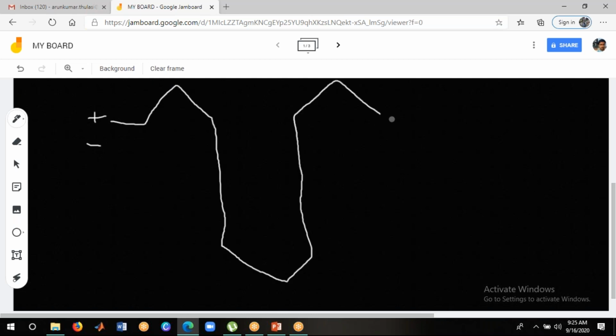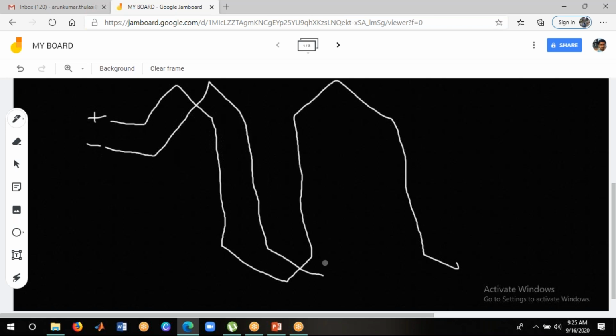Let's consider positive and negative wires. This is the way we arrange them.